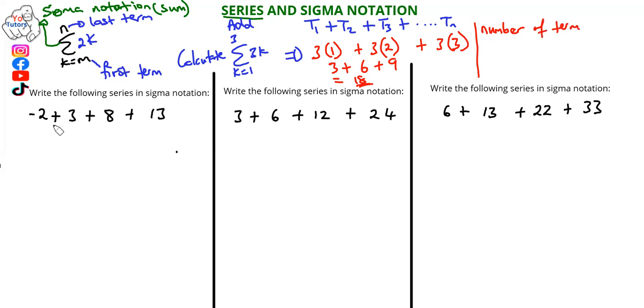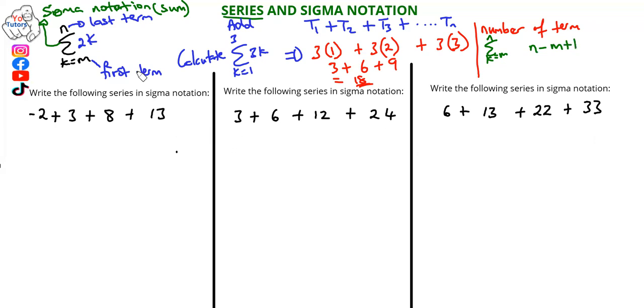If we have k equals m up to n, the number of terms will be n minus m plus 1.